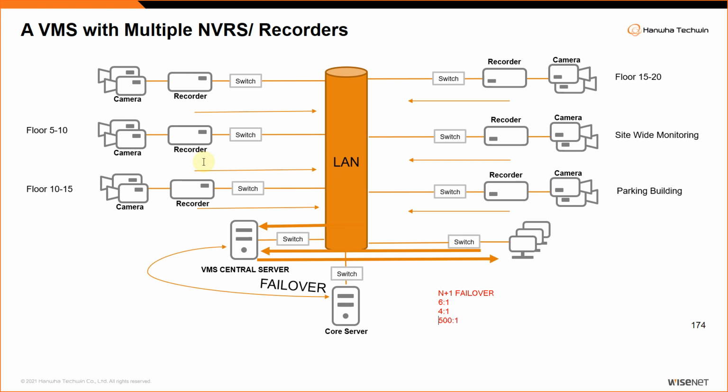If you have, let's say, 2000 cameras and four servers, for every 500 or 600 cameras, try to keep one standby server. That's a good design. If you want to save cost, you can go higher, but it may have some consequences. So try to keep to that level for a good security design.